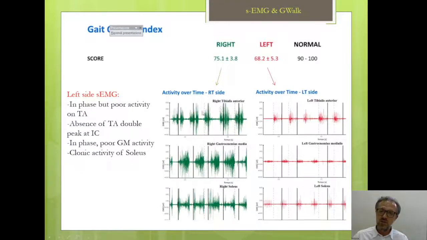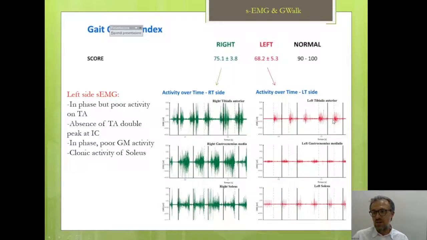As you can see on the right, healthy side, the EMG analysis is performing well. On the left side, the EMG shows us that we have an in-phase but poor activation of the tibialis anterior.